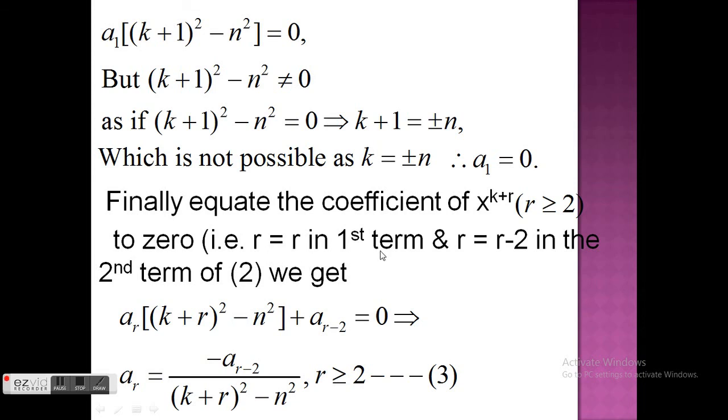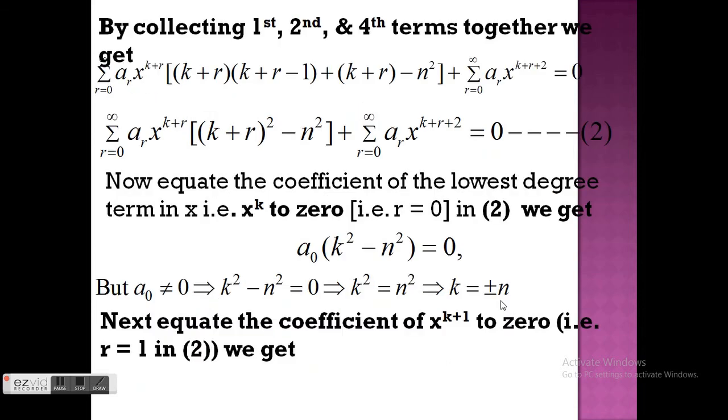So, in the first term, to make it x to the power k plus r, obviously r is equal to r, and to make it x to the power k plus r in the next term, I have to put r equal to r minus 2. When I substitute r equal to r minus 2, that minus 2 and plus 2 get cancelled and it will become x to the power k plus r.